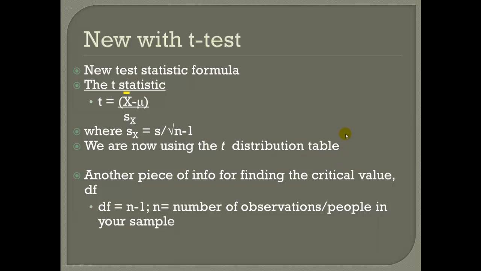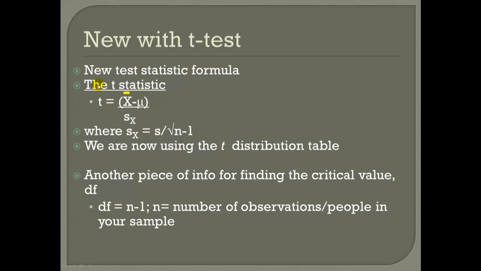And there's a few pieces of information we need to know in order to find that information. Essentially what we'd be using is a t-table, because we're now doing this one sample t-test, and it's a little bit different than the z-table we used with the z-test. So I'll show you guys both of those and show you how to use them.